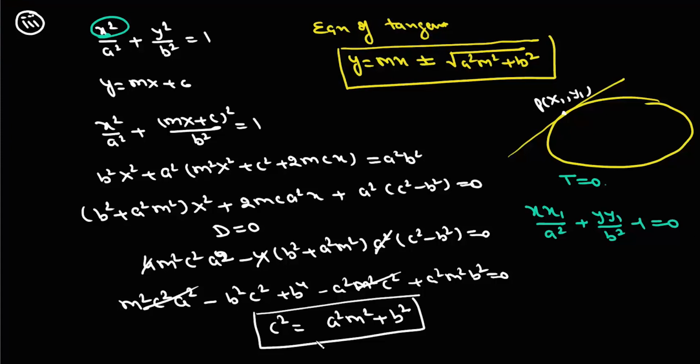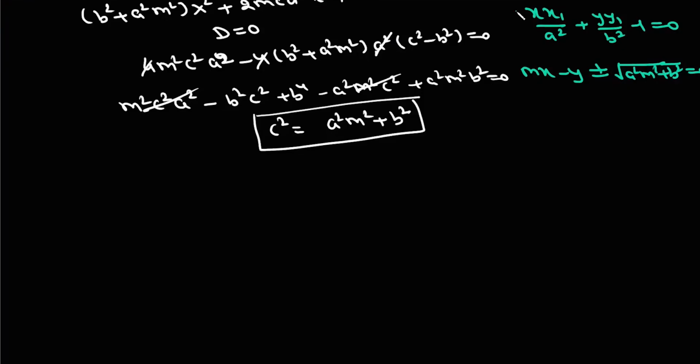And this equation must be equal to the equation of this tangent, so this is mx minus y plus minus under root of a square m square plus b square, and it is equal to 0. Now again we write this condition that both the lines represent the same tangent.